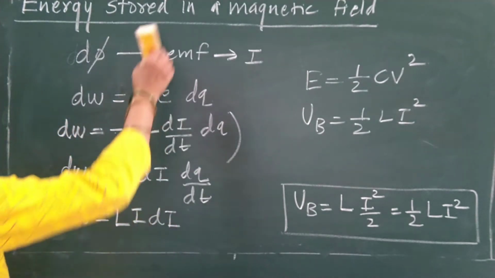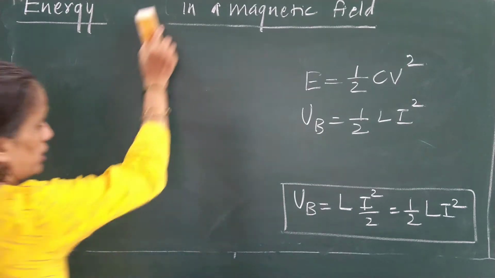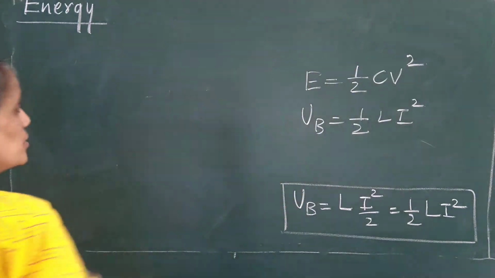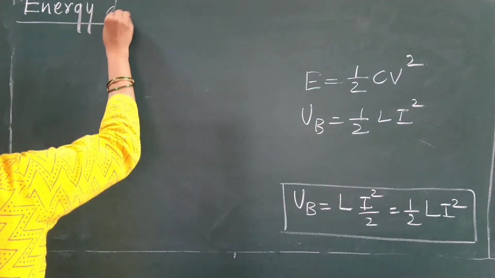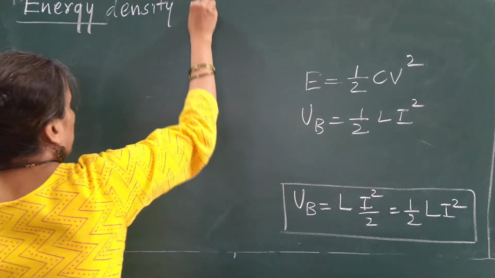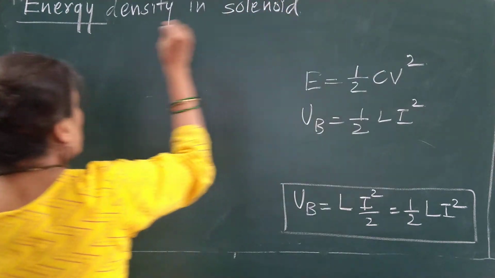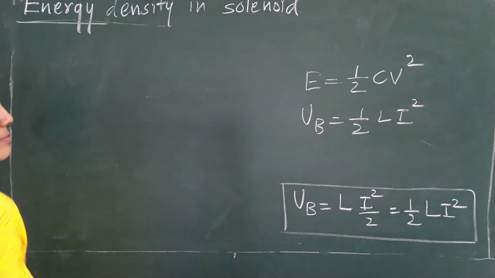Fine? Now I can consider energy density in a solenoid. Again here the solenoid comes. So I will say energy density in a solenoid. Now the first thing is the meaning of energy density.